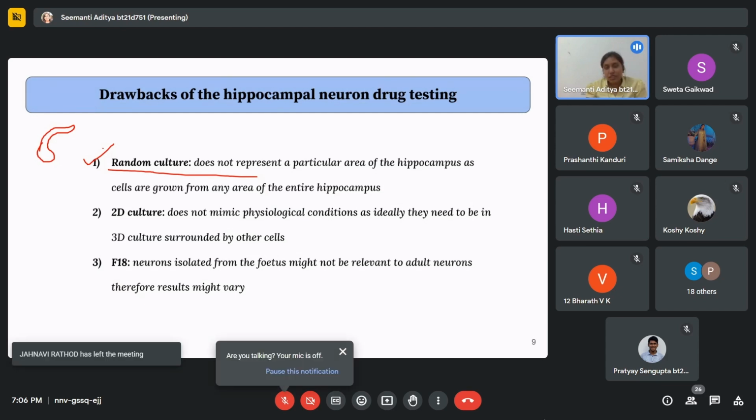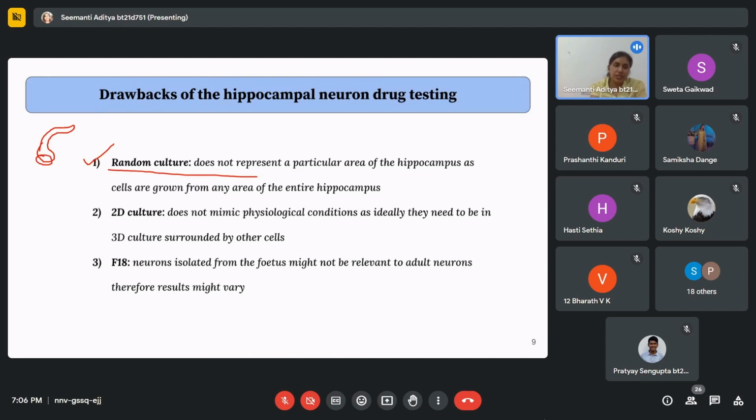But that does not eliminate the possibility that the cells are from different regions. This region's cells are there, that region's cells are there, so the mixture is not very homogeneous. We have a heterogeneous population, and it is not a particular area, so different cells might behave differently.